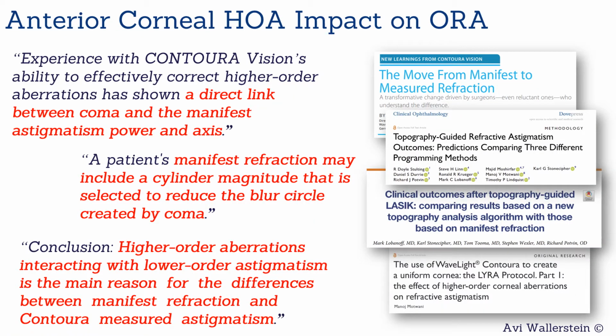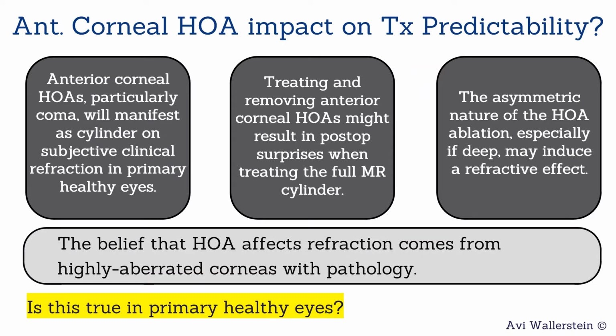Several surgeons assume that the cause of ORA is due to the presence of anterior corneal HOAs that affect the subjective refraction. They claim that pre-op corneal coma can express as subjective refractive cylinder, and therefore treating the full manifest can induce new cylinder.